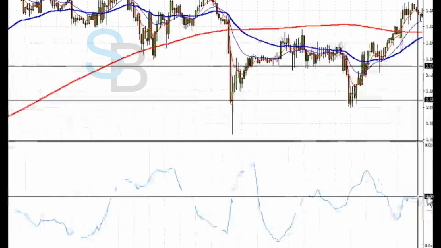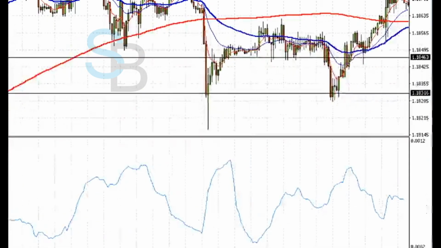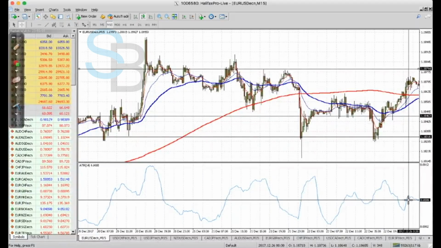So notice the center is about 6. Can you see 6 over there? Let me just bring it closer for you. Can you see 6? That means 6 pips. So it tells you that the average true range, the ATR of this currency pair for 15-minute candles is 6 pips. So what is 6 times 2?